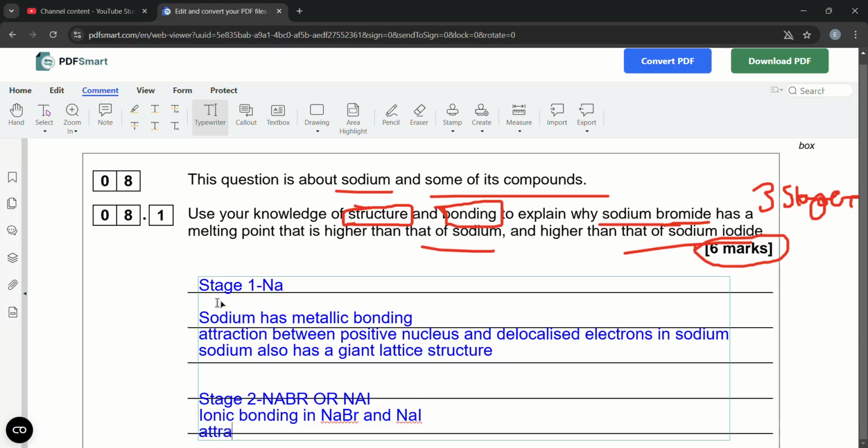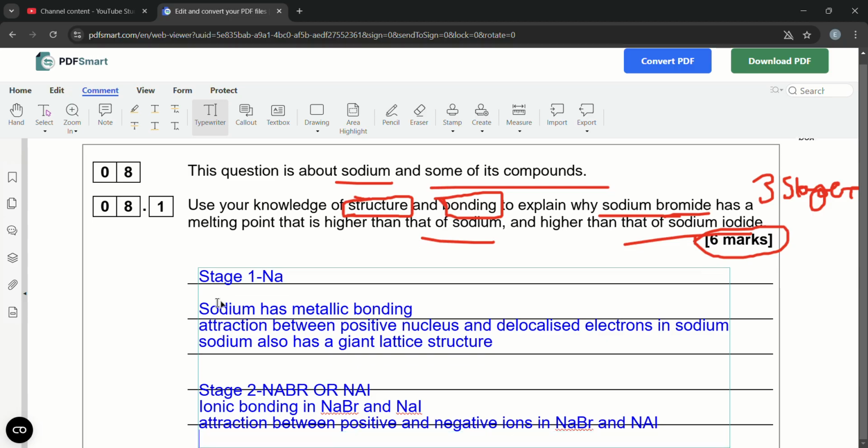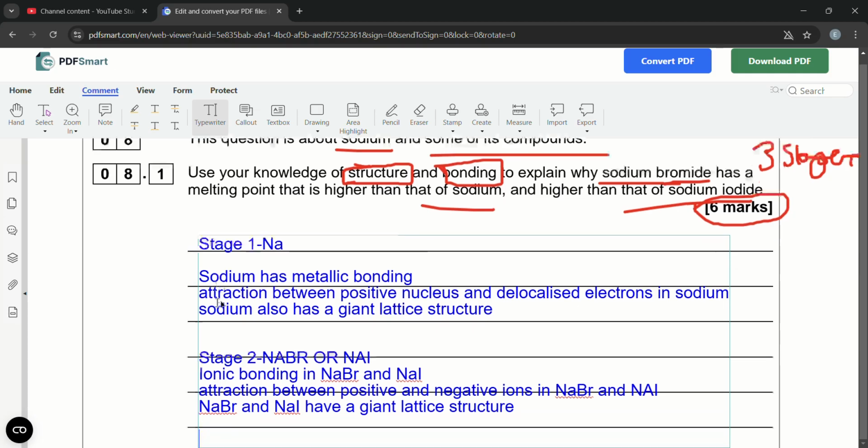Attraction between positive and negative ions in NaBr and NaI. NaBr and NaI have a giant lattice structure. So we talked about structure now.